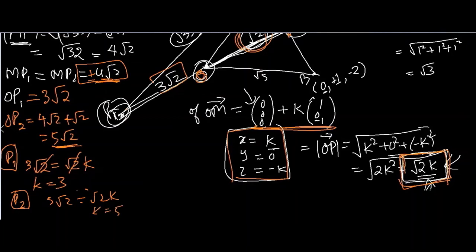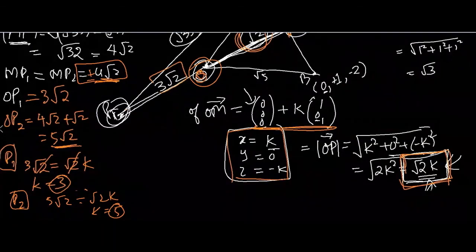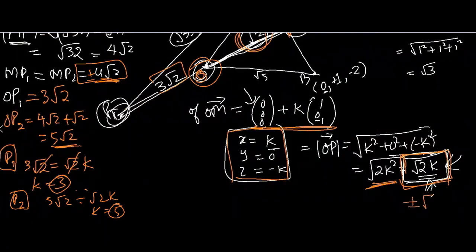Similarly, for P2, 5 square root 2 equal to square root 2 k and it will give me k equal to 5. But if I use 3 and 5, both will be on the same side of O. It is so because we ignored the plus minus. When we square rooted this one here, it would have been plus minus square root 2 k. And when we square rooted 32 here, it should have been plus minus 4 square root 2.